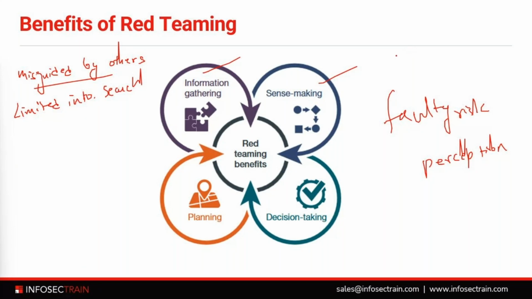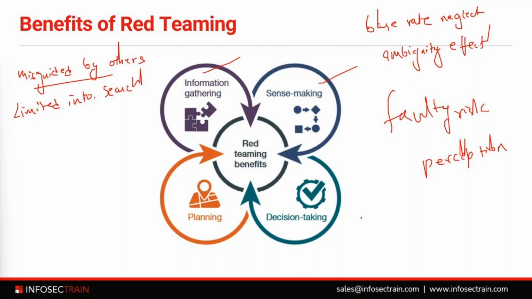In sense making, there can be other biases also. For the risk, it can be ambiguity effect. Ambiguity effect means a tendency to avoid options where the likelihood of a good outcome is not known. Then it can be base rate neglect. Base rate neglect means a tendency to focus on case specific data and give insufficient consideration to the background information or the base rate.